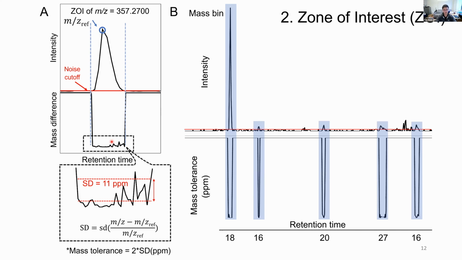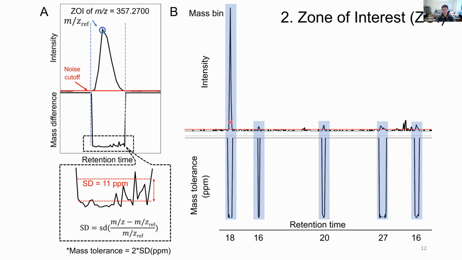We believe that a real metabolic feature should have a relatively tight mass difference, while the noise will have a really large mass difference. From the mass difference, we can calculate the standard deviation to show the magnitude of the change of the mass difference. The beauty of the zone of interest is that it is independent of the peak intensity.